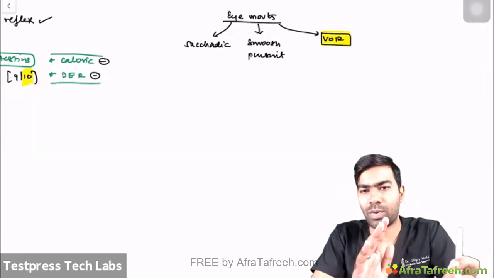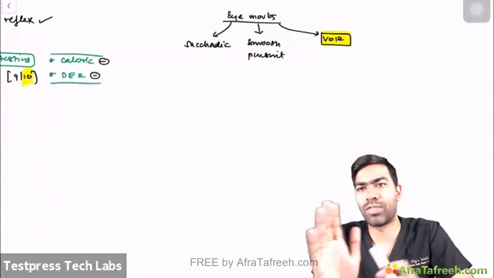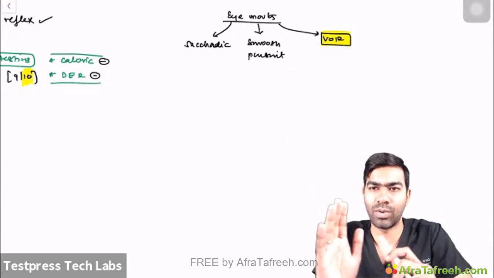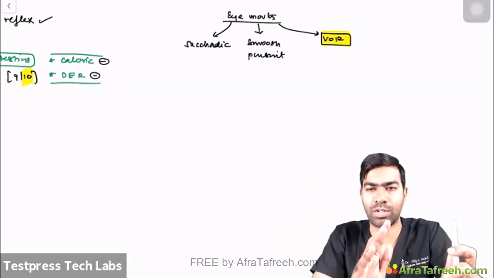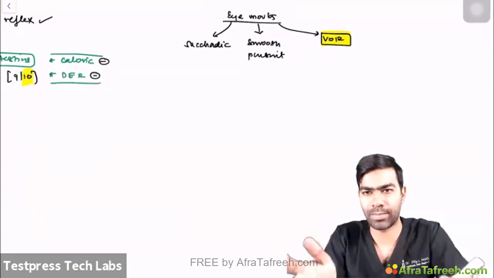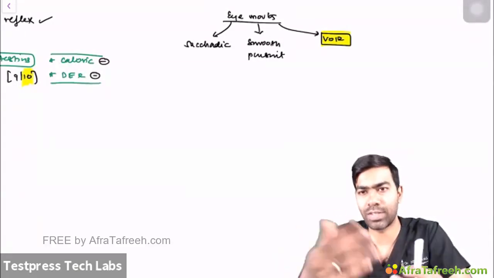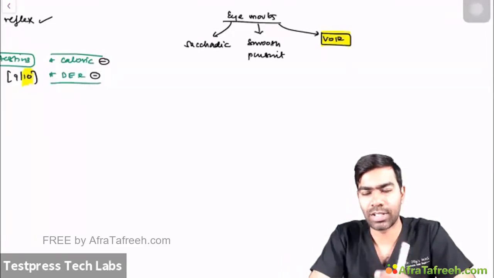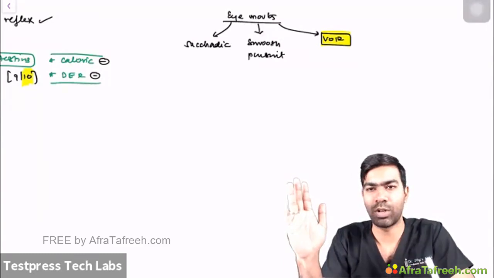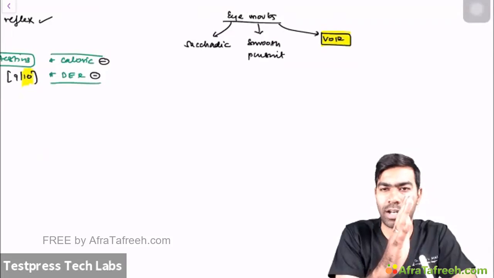But the head is rotating so fast that the eyeballs will again move towards the side of the turning of the head. So the vestibulo-ocular reflex will slowly try to correct the eyeballs towards the other side. But since the speed of rotation of the head is more than what the vestibulo-ocular reflex can correct, you get nystagmus, where your eyeballs will move towards the direction of the rotation of the head, and the vestibulo-ocular reflex will slowly correct to the opposite side.